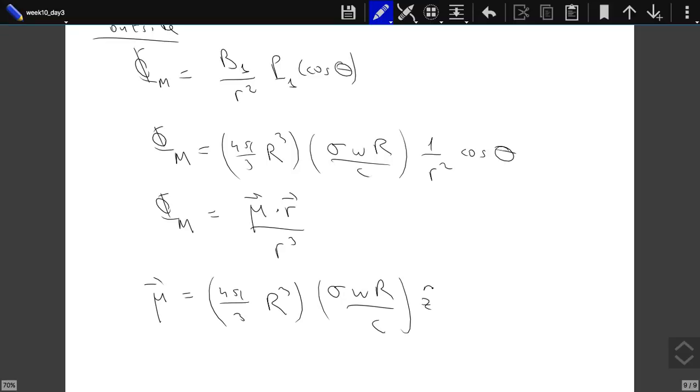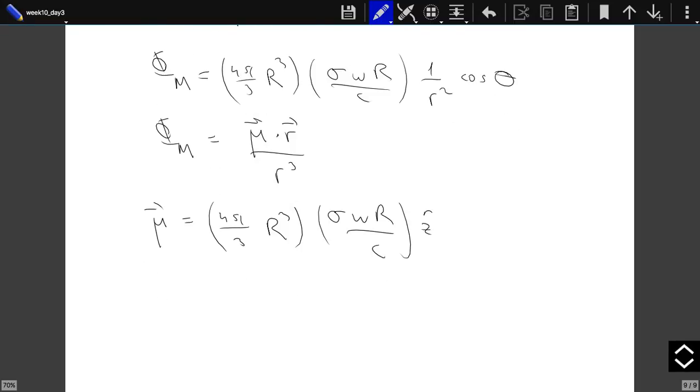Why did I write it like this? Basically, this expression is what we obtained also in electrostatics. If you remember the potential of an electric dipole, we could write it in this form, and then we could just take the gradient to obtain the electric field.